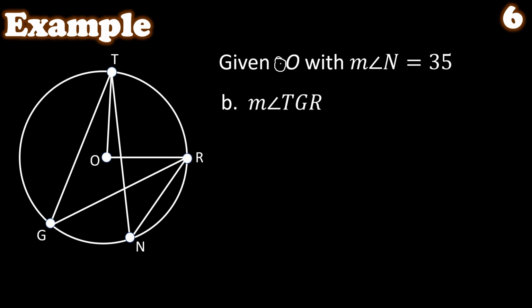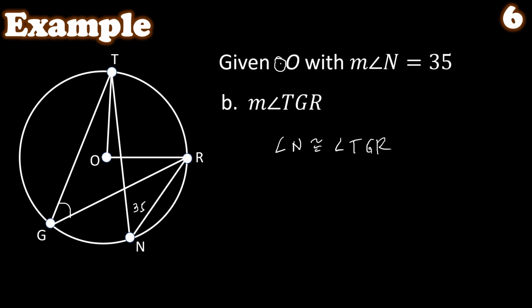Letter B, find the measure of angle TGR. Since angle N is equal to 35, notice that angle N is inscribed in arc TNR of circle O. Also, angle TGR is inscribed in the same arc of circle O. Then we say that angle N is congruent to angle TGR.